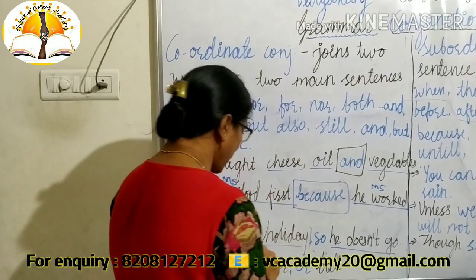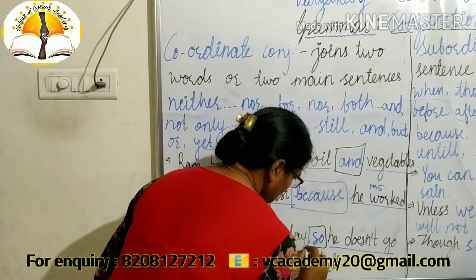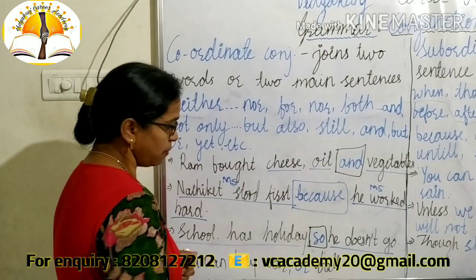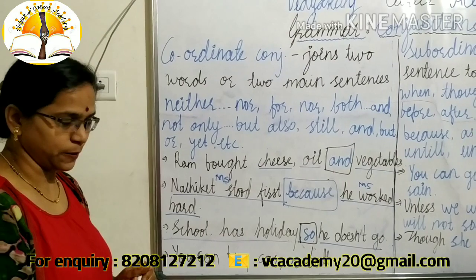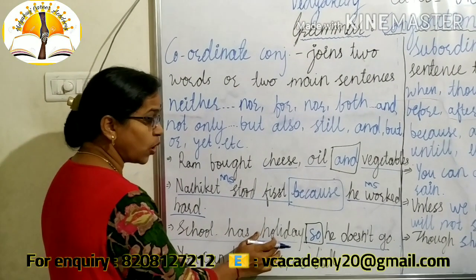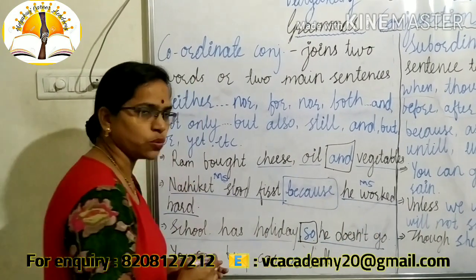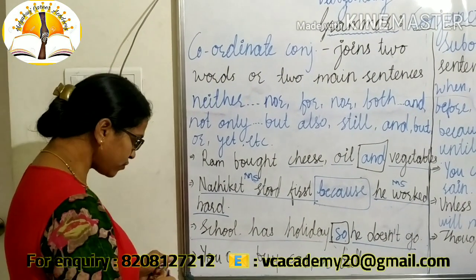Here, so works as a conjunction between these two sentences. After so we get a result. School has holiday is the cause, and its result is he doesn't go to school. Understood?